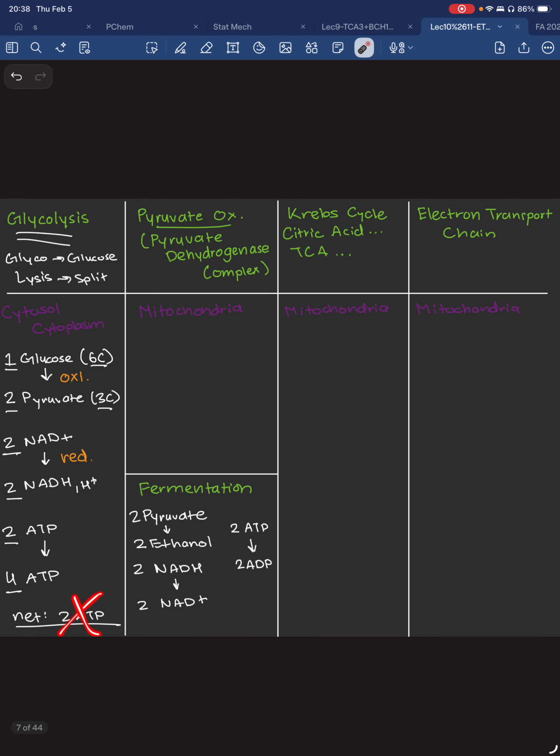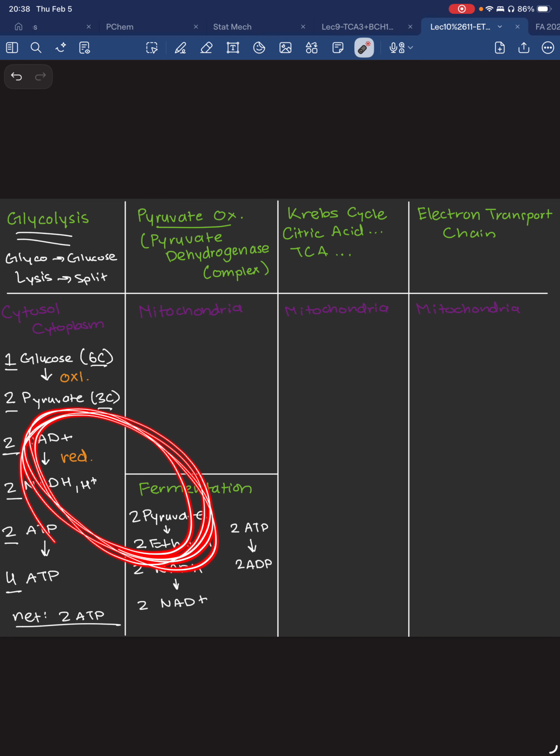So you're done. Your net is 0, right? So bacteria will go in this endless cycle of glycolysis and fermentation, and they suck, right? They can't get big. They can't develop past single-celled. They kind of suck, which is why bacteria are so small.